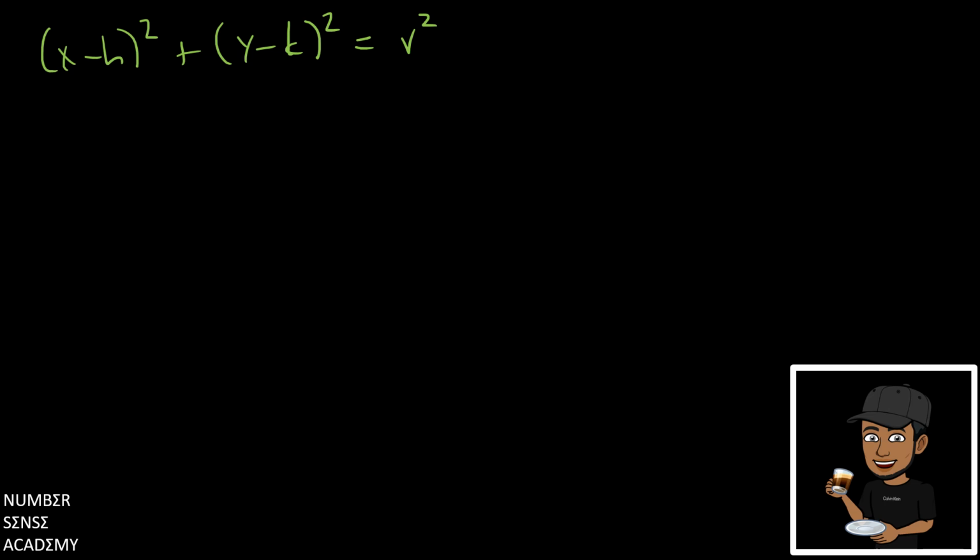You notice that here we're subtracting h, but we say it's h and k. This means that we're taking the negative of the values.